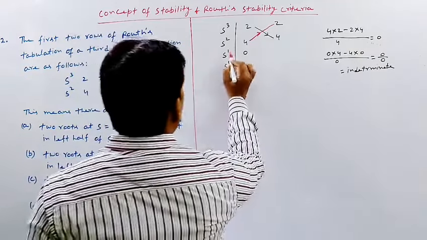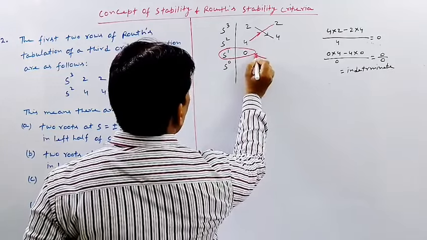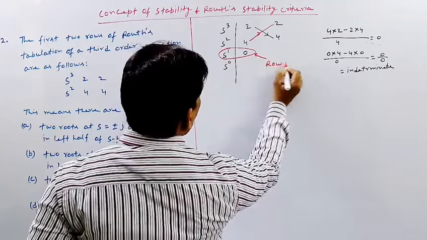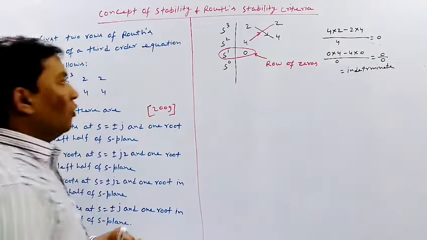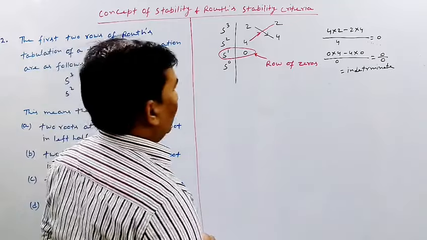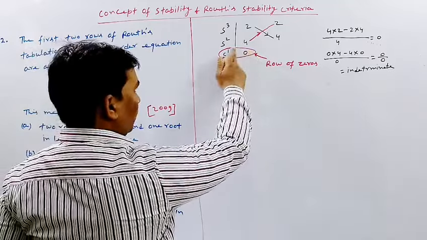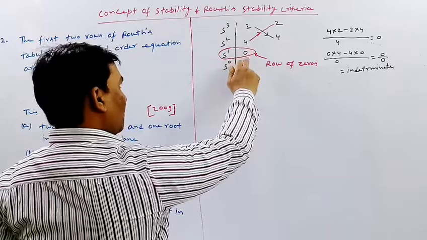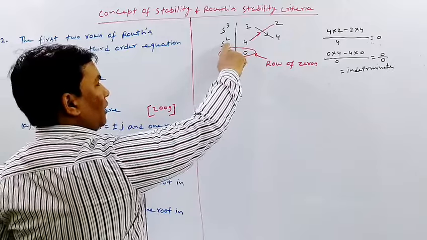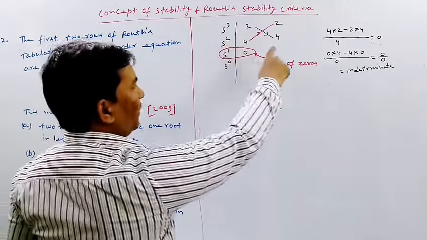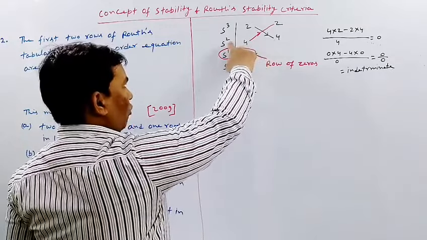So we have to make the polynomial from the elements just above the row of zeros. So just above this row, the row containing s square is there. So we have to make the polynomial from the elements of row s square.